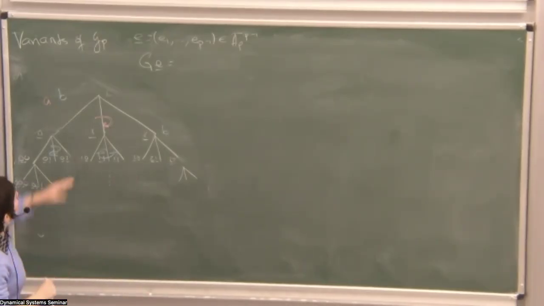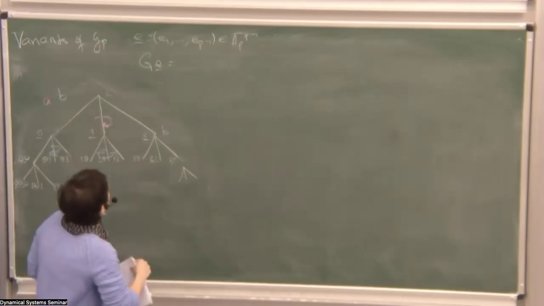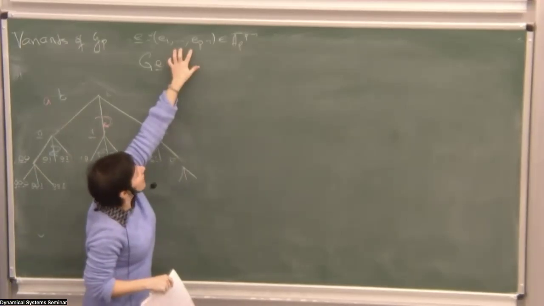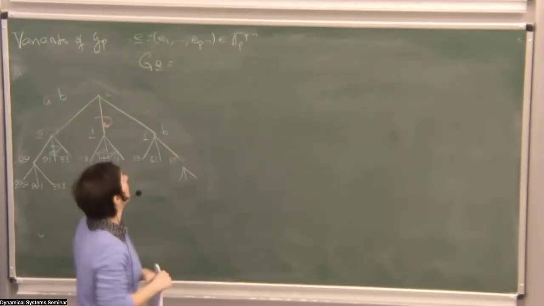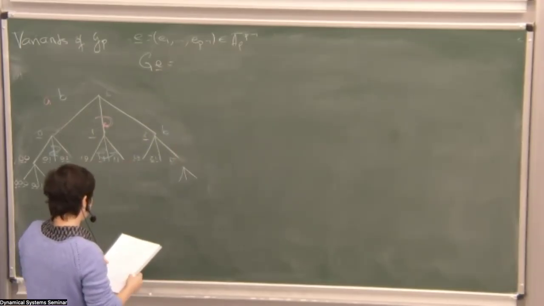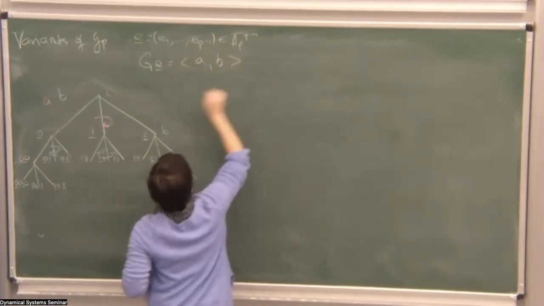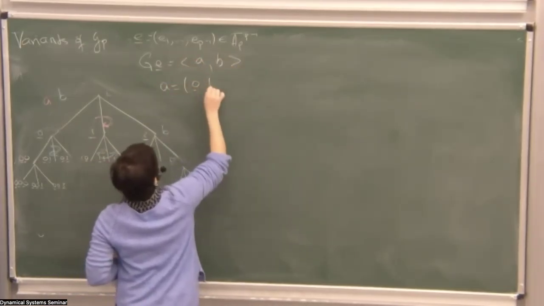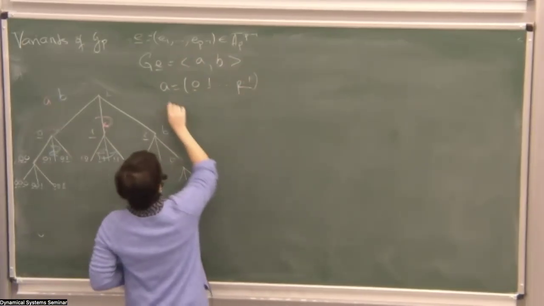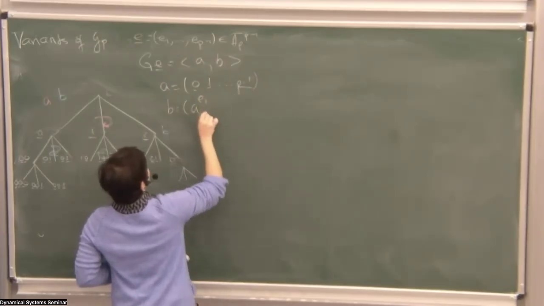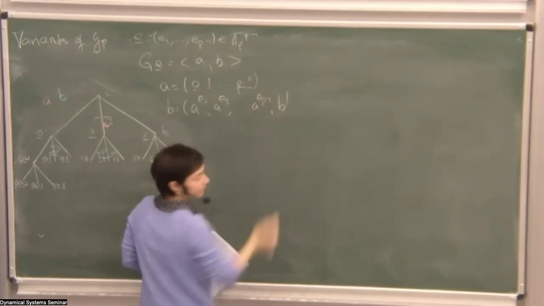So here are variations of the Gupta-Sidki group, or the Gupta-Sidki groups. So you start out with a vector e over the field of p elements. There are p minus 1 entries, where p is a prime. Now the group G_e is generated by, again, a and b. a is still the p-cycle as before, but b is now (a^e1, a^e2, ..., a^e(p-1), b).